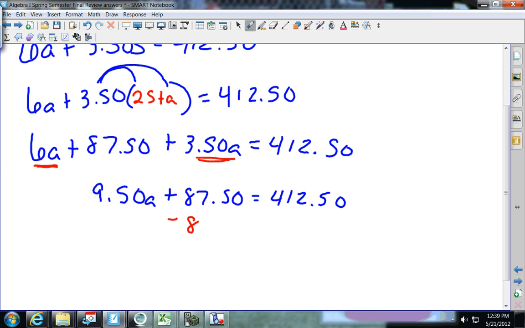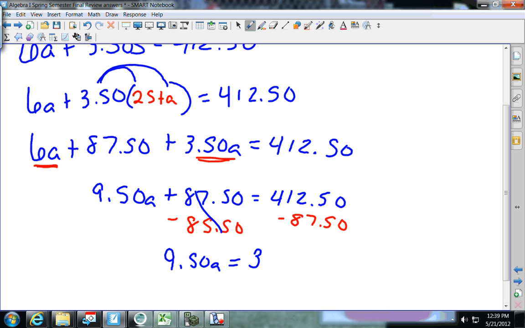You would subtract 87.50 from each side. This cancels out. I'd get 9.50A equals, now if you take 412.50 minus 87.50, you get 325.